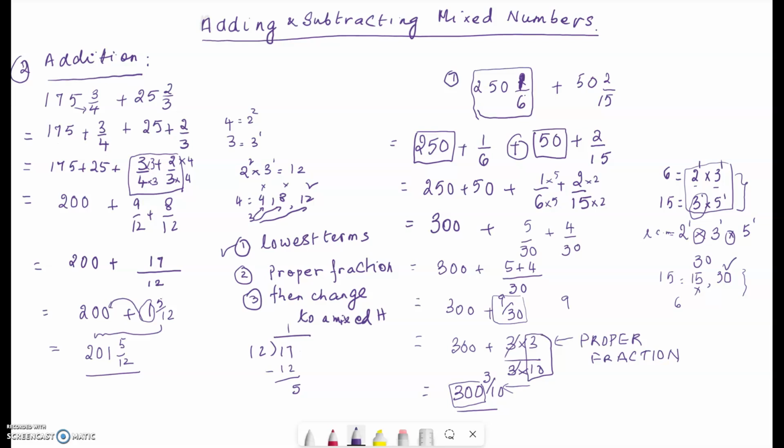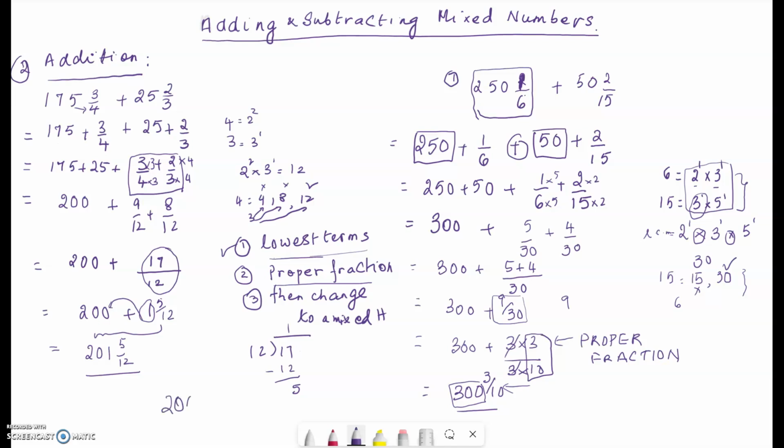The second thing is, after you finish all the addition, at the end we check if the fraction is in the lowest terms, and if that is simplified, the next thing to check is, is it a proper fraction? Only if it is a proper fraction can you combine it.